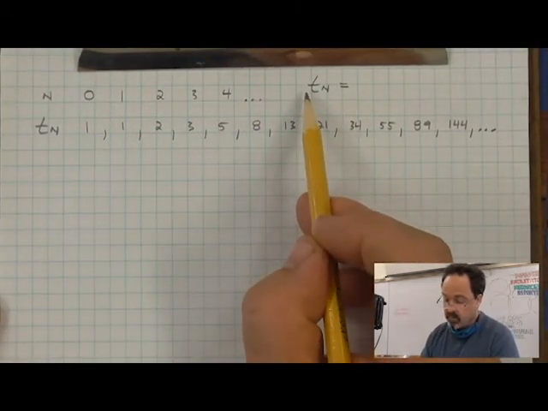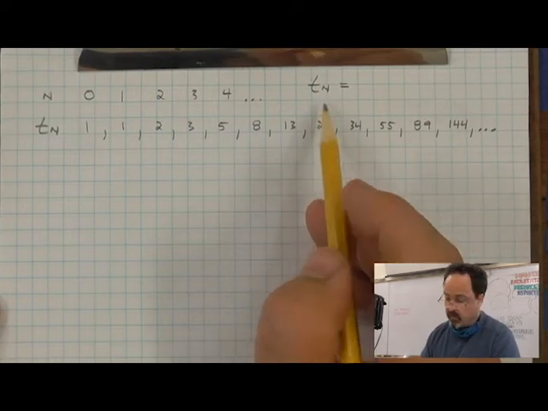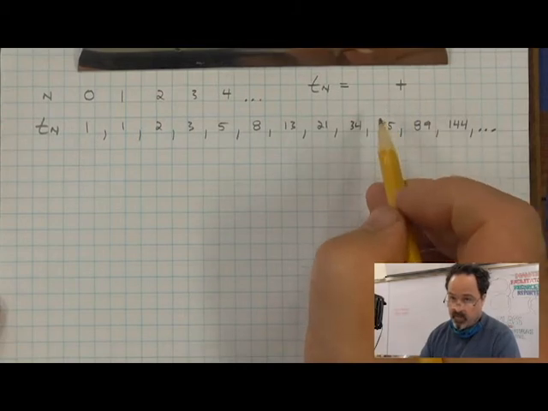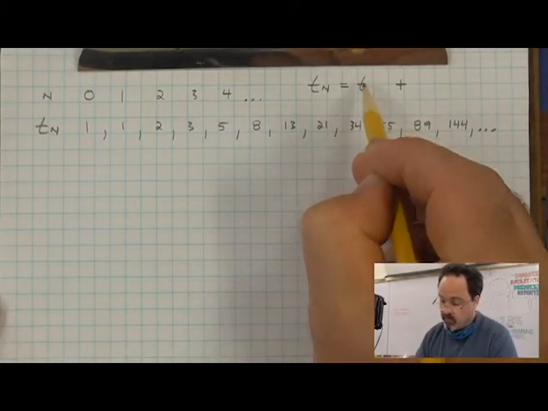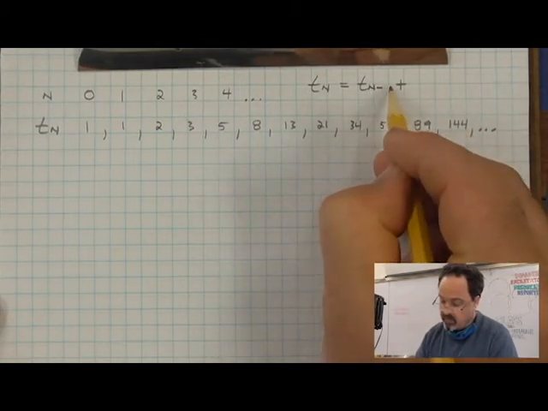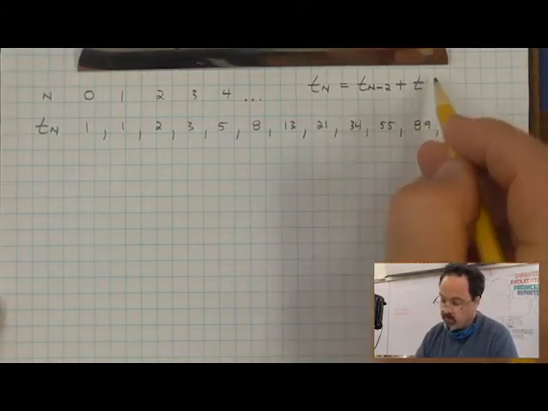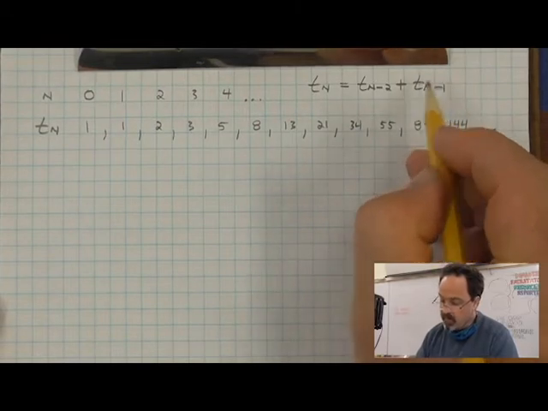So this formula is t sub n, the value of the current term, is based on the sum of the 2 previous. The notation for the value of the term 2 previous to n is t sub n minus 2. And the notation for the term previous to term number n is t sub n minus 1.